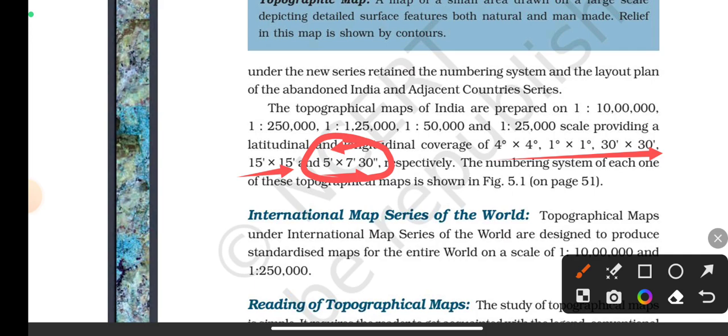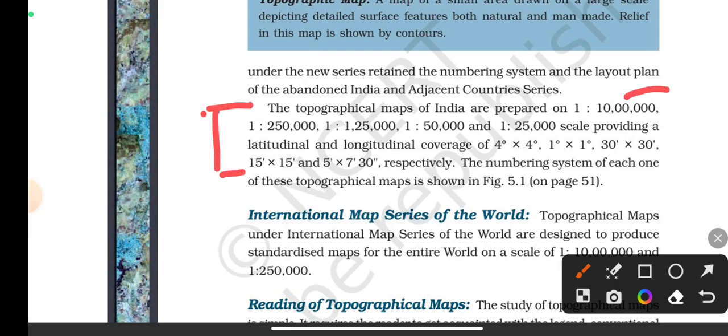So here what you need to note is the longitudinal and latitudinal coverage: if the scale is given, or if the latitudinal and longitudinal coverage is given, then what will be the map scale. So this paragraph is actually very important. The topographical maps of India are provided on this scale, and this scale has a latitudinal and longitudinal coverage of 4 degree into 4 degree.